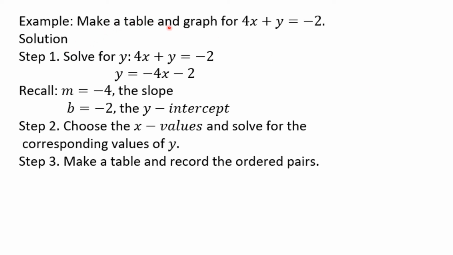Example, make a table and graph for 4x plus y equals negative 2. So for the solution, step 1, solve for y. Since ang ating given is 4x plus y equals negative 2, dapat sa left side ng ating equation, ang matitira is y na lang. Para uniform sa ating lahat, we put the variable y on the left side, and then ang other variables, dito na sila sa right side ng equal sign.